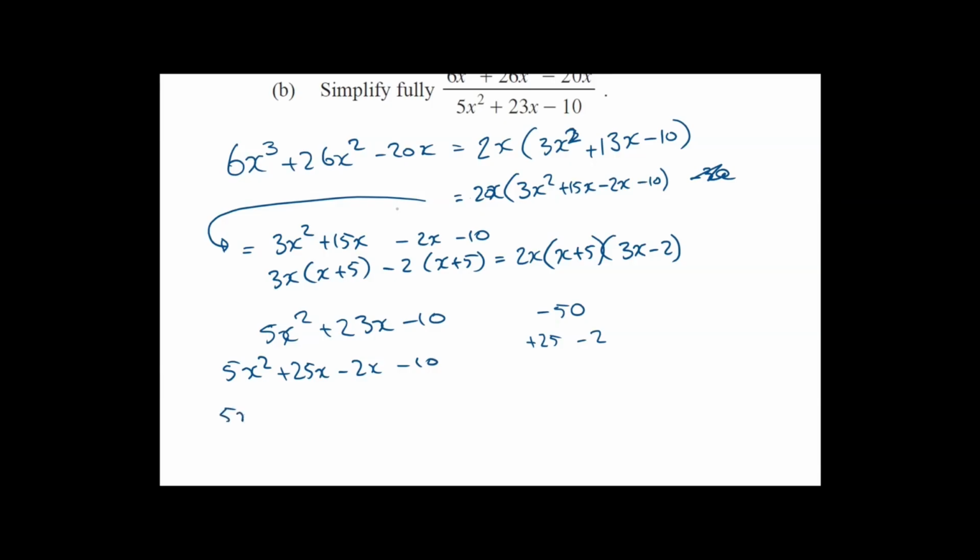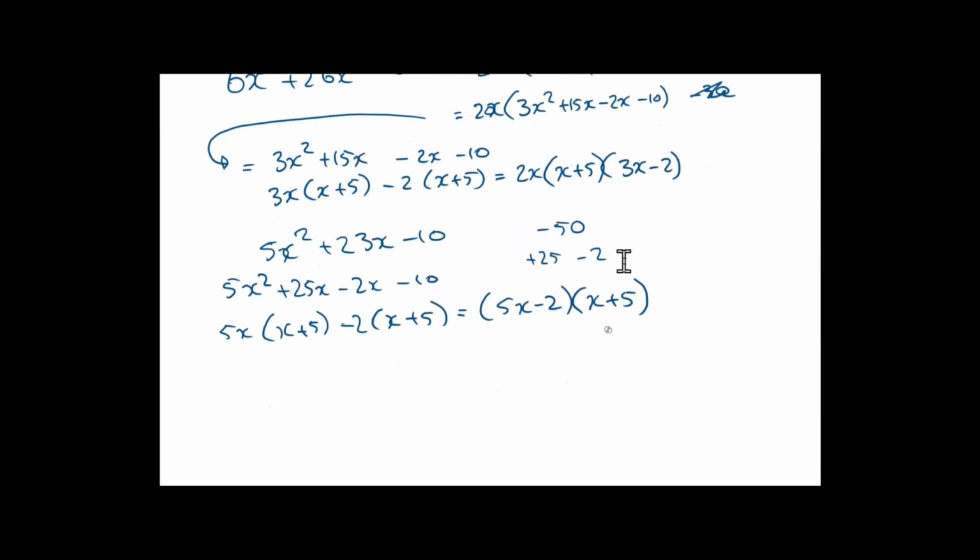So 5x is a common term here: x plus 5. And here, x plus 5 negative 2. So we've got 5x minus 2, x plus 5.